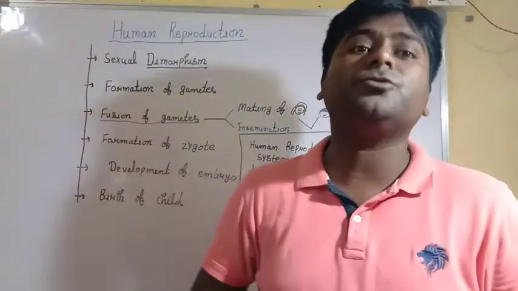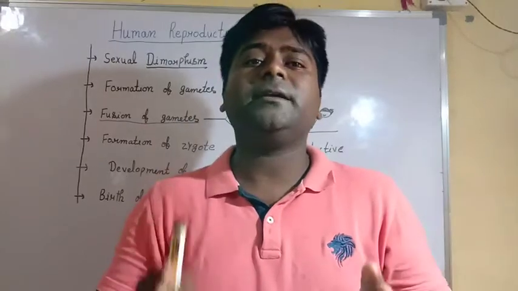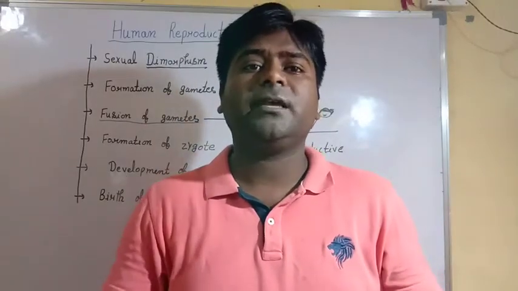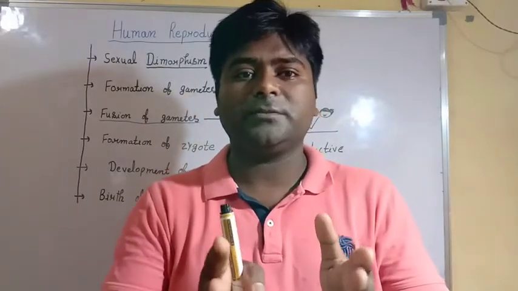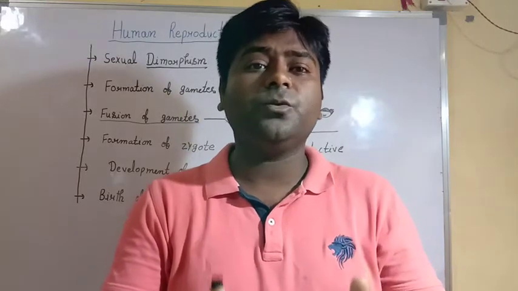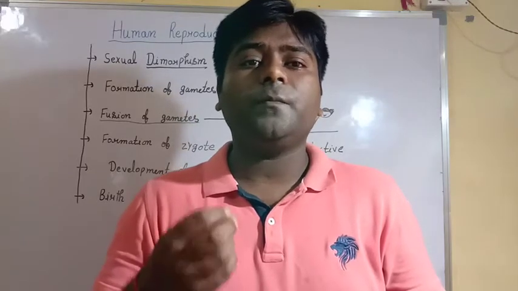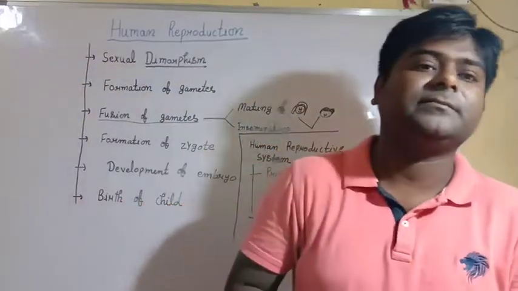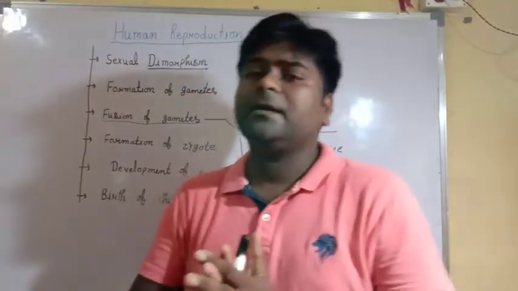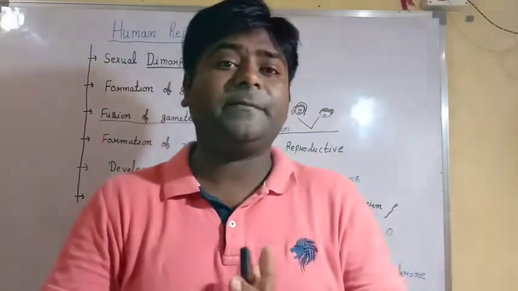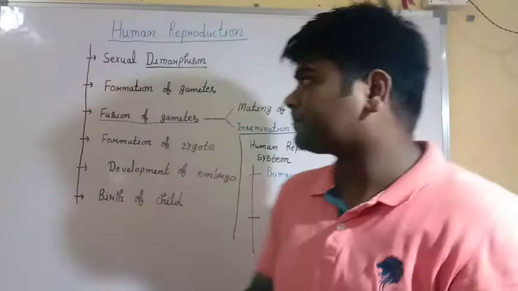Di means two, and morphism comes from morphos, and morphos means forms. So we have two distinct forms in humans with observable characteristics. Male and female both have observable characteristics.